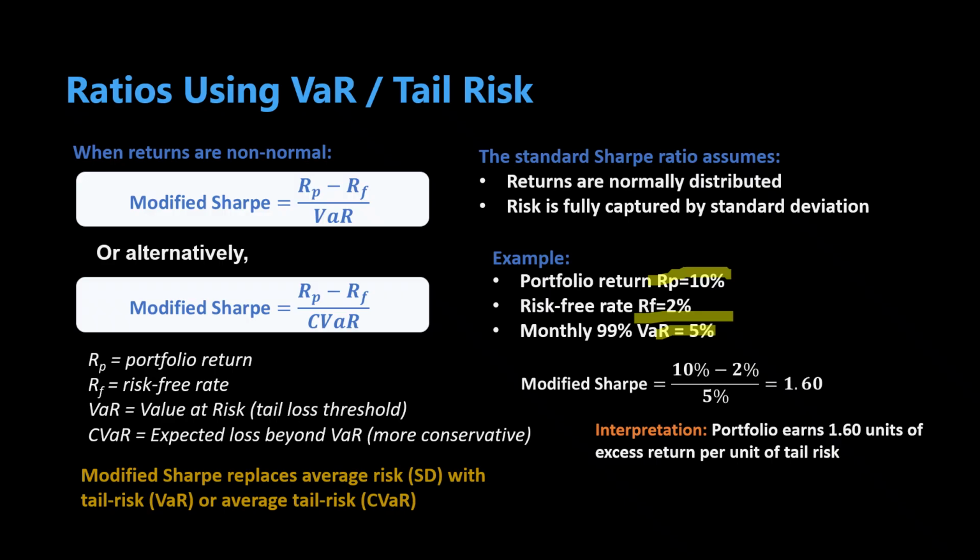The VaR-based ratio equals 10% minus 2%, divided by 5%, which gives 1.60. The interpretation is that the portfolio earns 1.6 units of excess return per unit of tail risk. When the exam mentions fat tails, non-normal distributions, or extreme losses, this is the family of ratios to reach for in the exam.